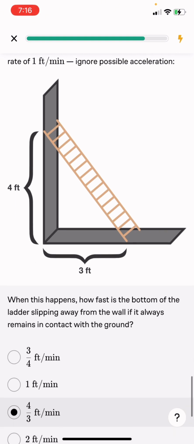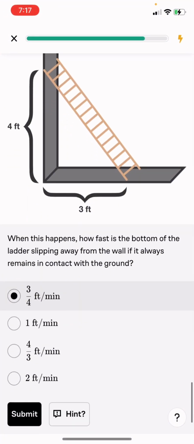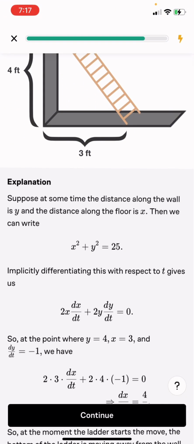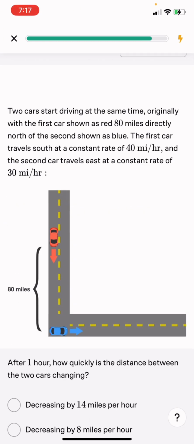Constant rate. Just want it to be 3 over 4. I'm not even gonna read. I'm just cringing at how bad I was at it.